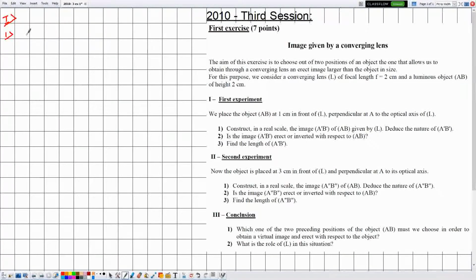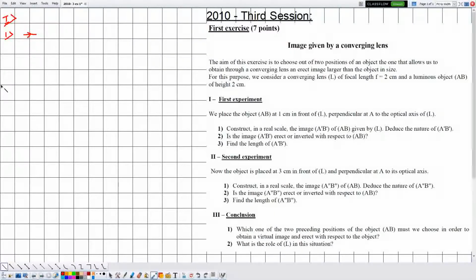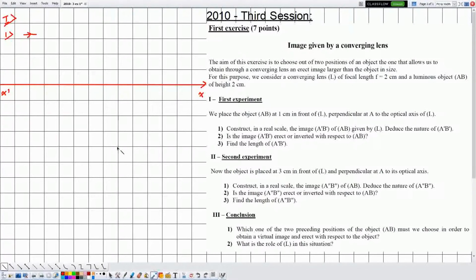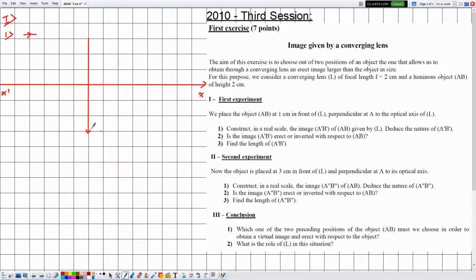Let's consider the direction of propagation to be from left to right, and in this case we take the optical axis in the same direction as that of propagation of light, from left to right. This is the optical axis. Now let's place the converging lens L, perpendicular to the optical axis at the center, using the correct symbol.